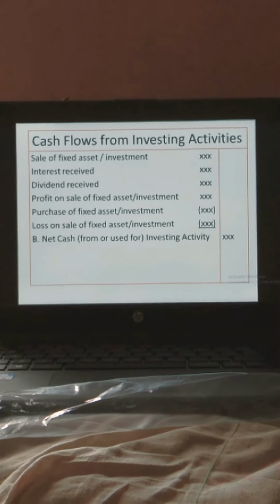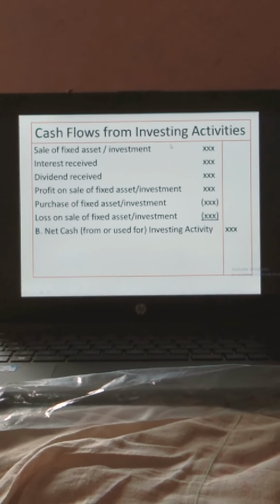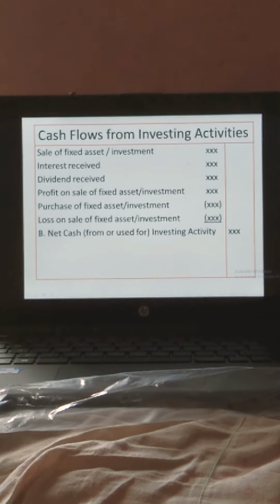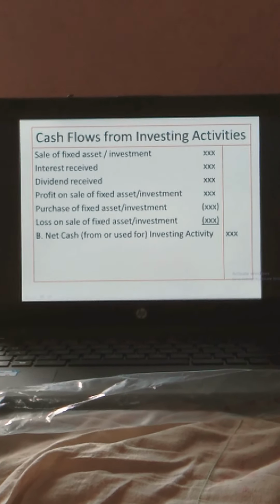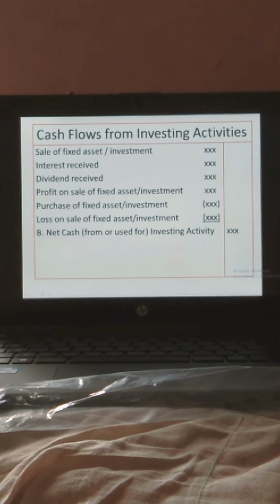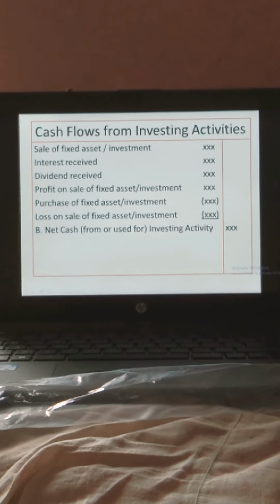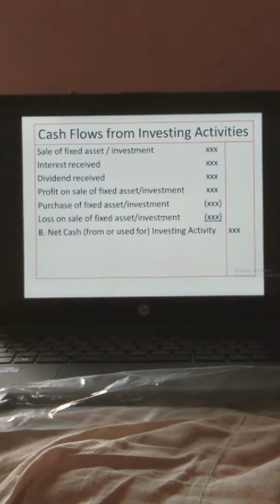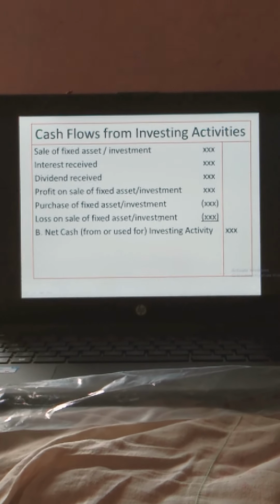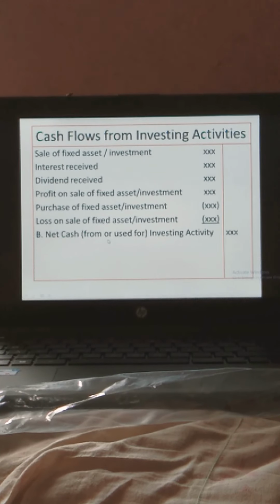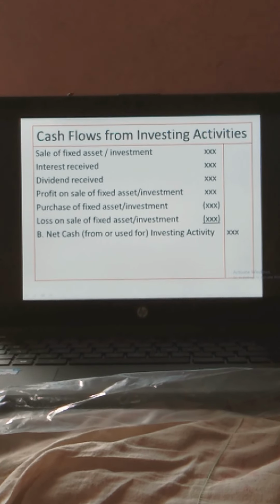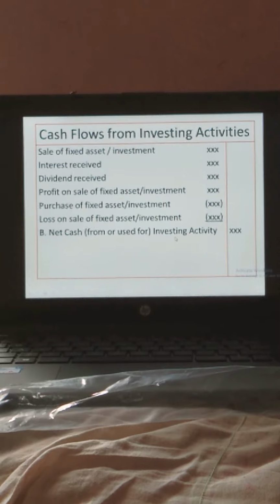You can see: sale of fixed asset or investment, interest received, dividend received, profit on sale of fixed asset or investment. Then from that we have to deduct purchase of fixed asset or investment and loss on sale of fixed asset or investment. Then you are getting net cash from investing activity or net cash used for investing activity.